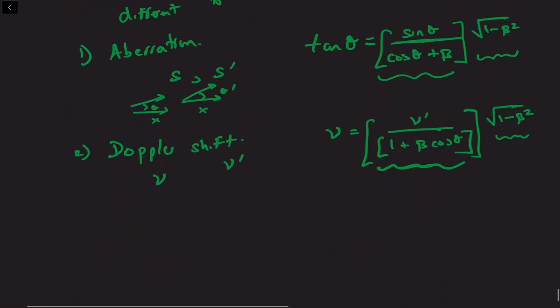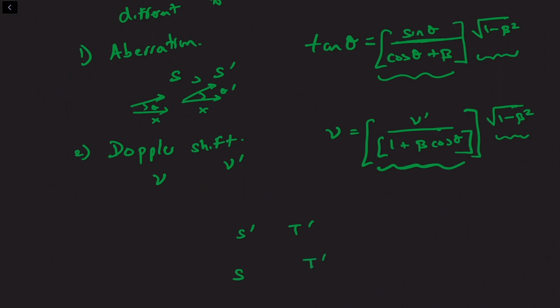If the time period in the frame S prime is t prime, then the time period as measured by S will be longer.